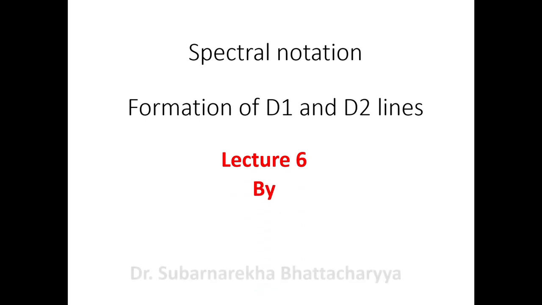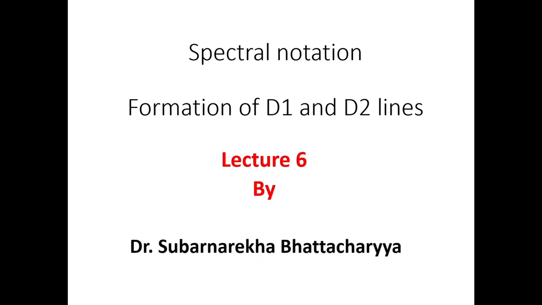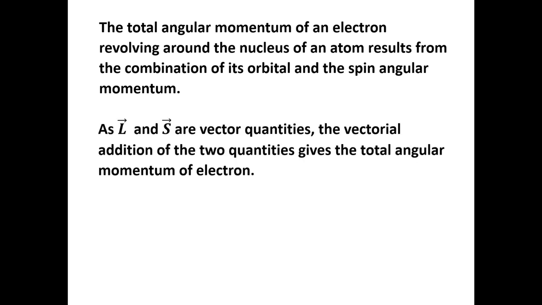The total angular momentum of an electron revolving around the nucleus of an atom results from the combination of its orbital and the spin angular momentum. If we consider PL vector and PS vector as the two angular momenta as we have discussed earlier, then capital L vector will represent PL vector and capital S vector will represent PS vector.